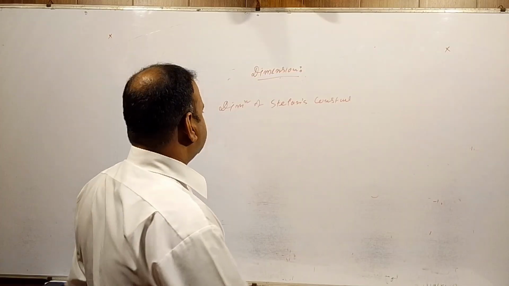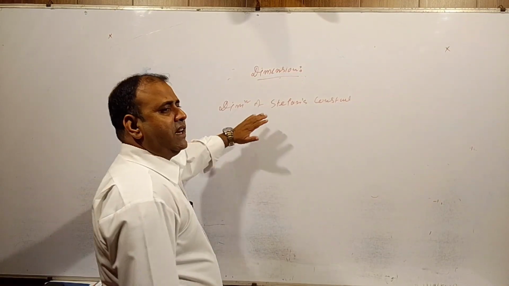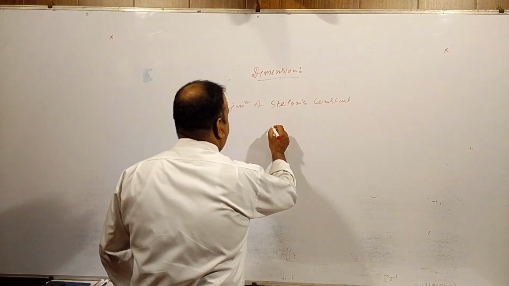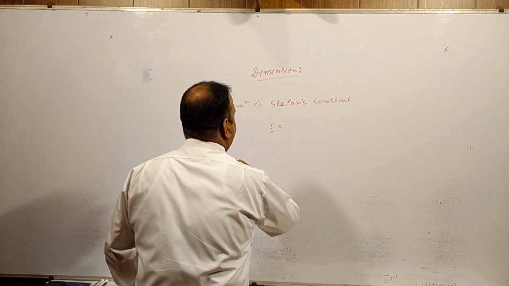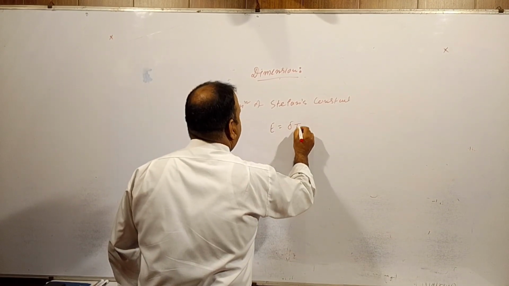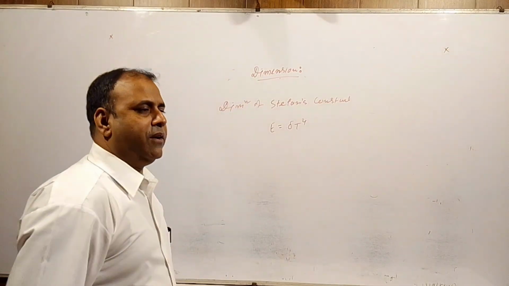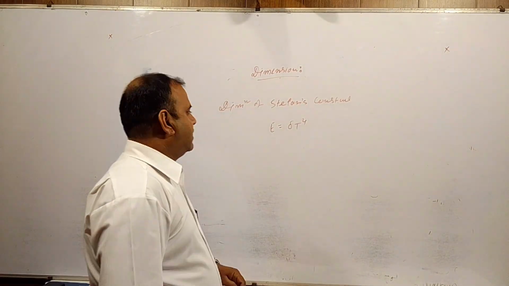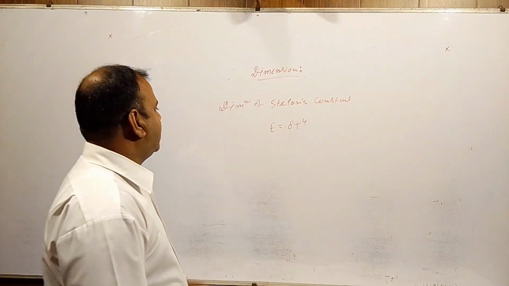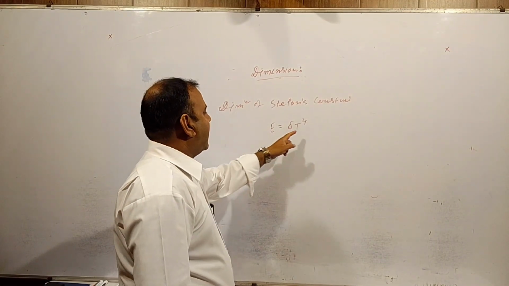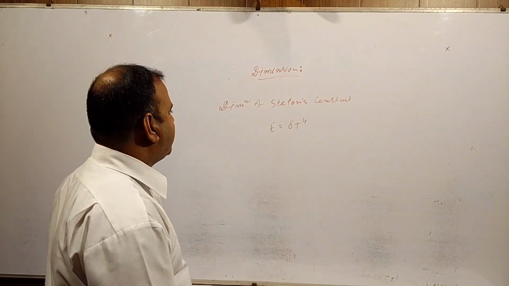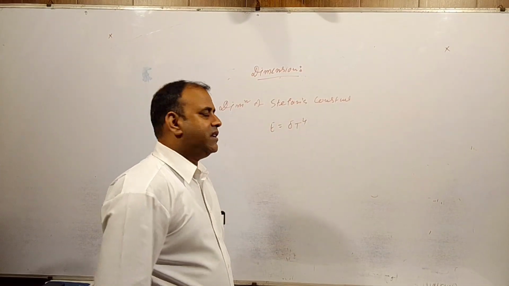What is the dimension of Stefan's constant? It is related to thermodynamics. The formula is E is equal to sigma T to the power 4. Now we have to calculate the dimension of sigma. Sigma is called Stefan's constant, E is the energy and T means temperature. This is called absolute temperature, represented by Kelvin.